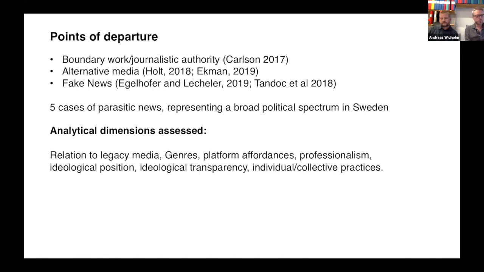We look at ideological position as well as ideological transparency in the content. And we also look at differences between news produced by individual politicians versus news produced by a broader group of people as a collective practice.